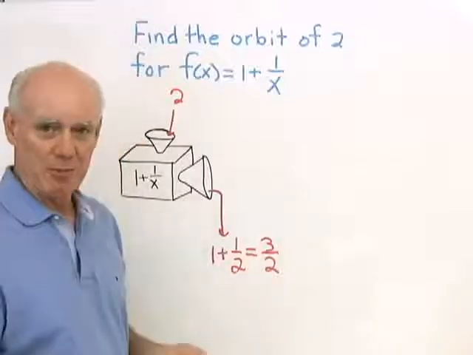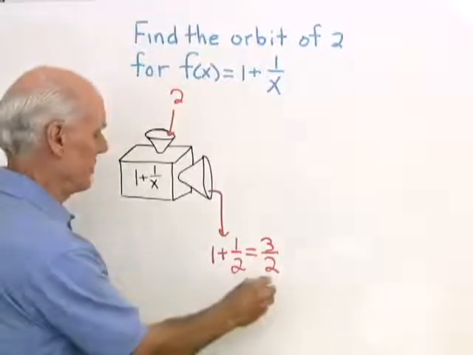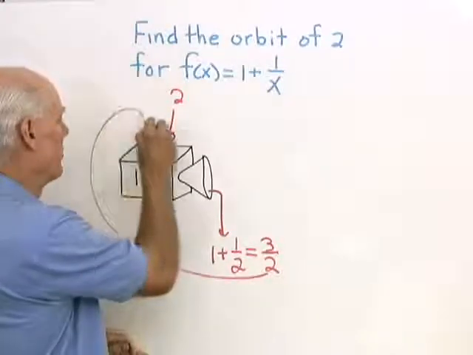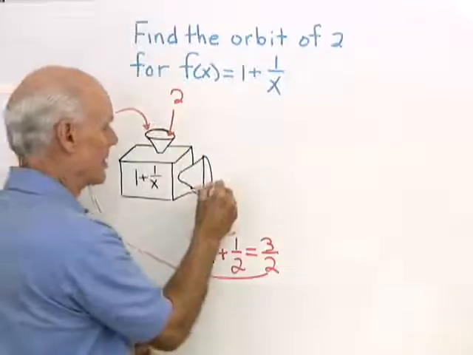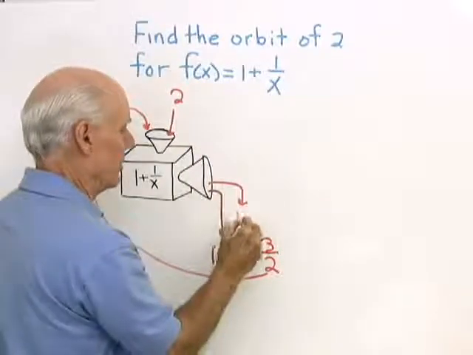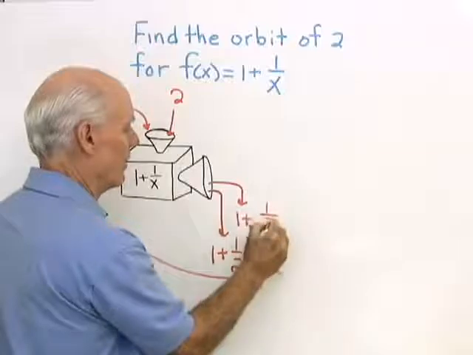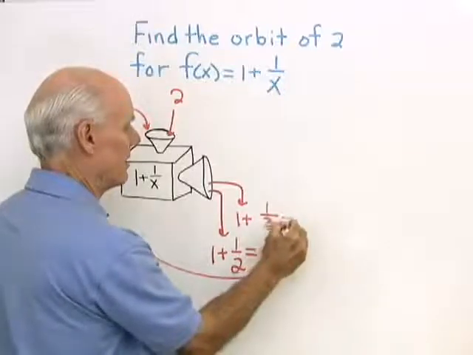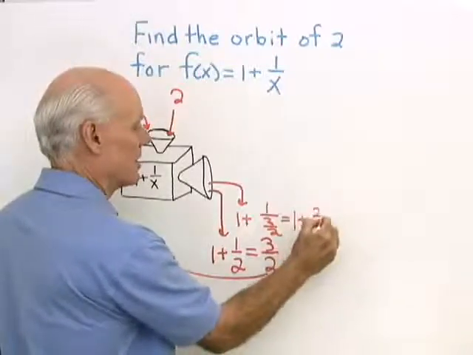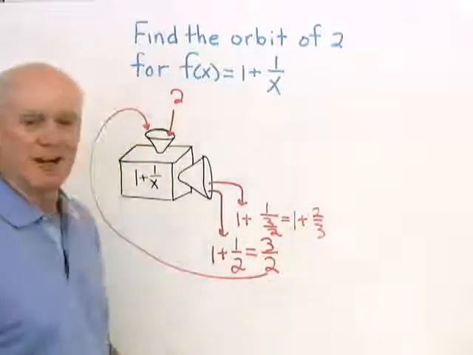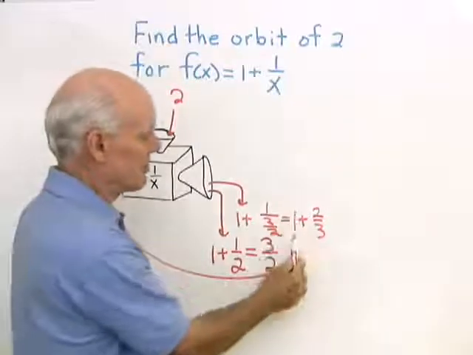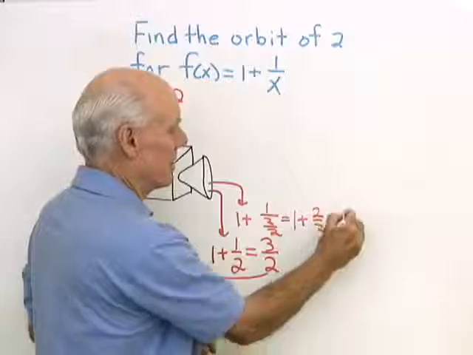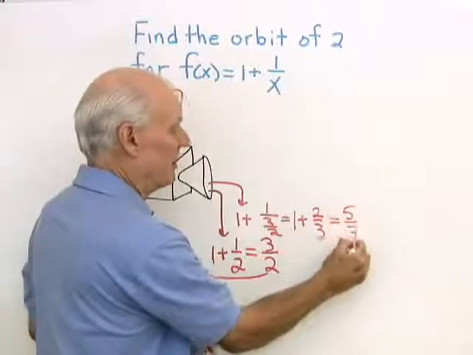That's my first output. That becomes the next input, so I'm going to take that and put it back in here. What's going to come out then is going to be 1 plus 1 over 3 halves, which is going to be 1 plus 2/3, right? And 1 plus 2/3, that's 3/3 plus 2/3. I'm going to end up with 5/3.